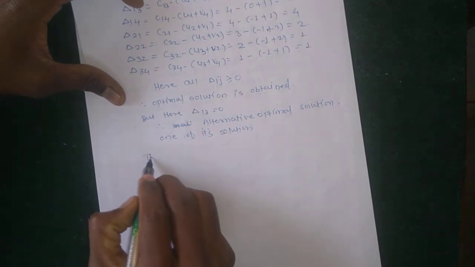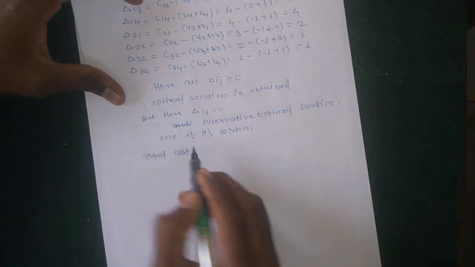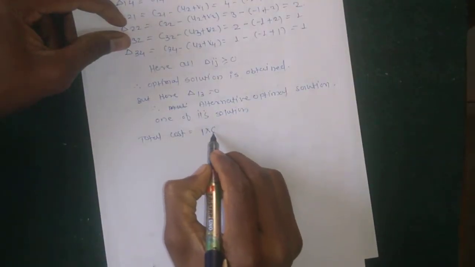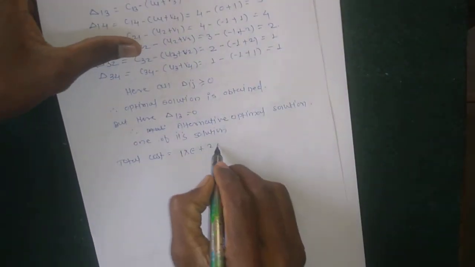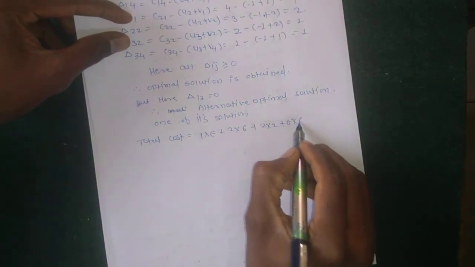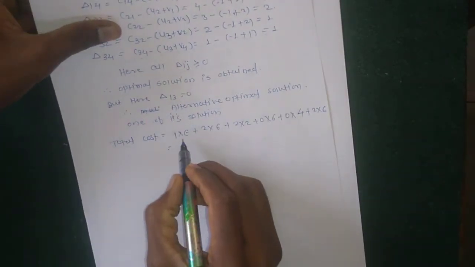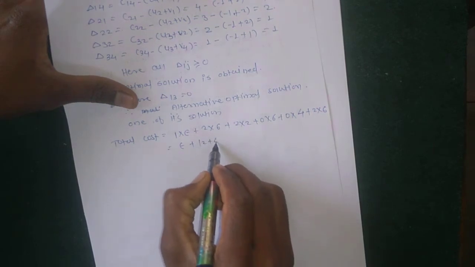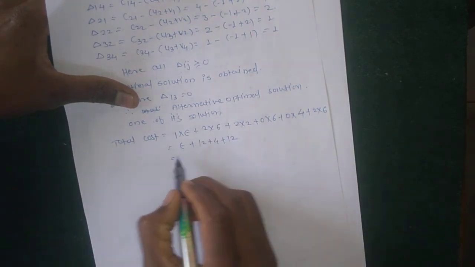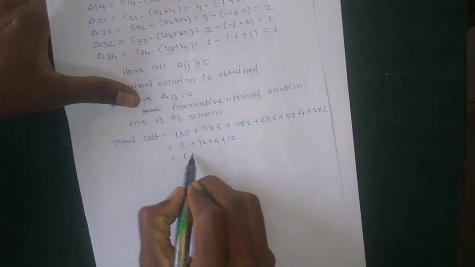has total cost equal to 1 into epsilon plus 2 into 6 plus 2 into 2 plus 0 into 6 plus 0 into 4 plus 2 into 6. So the value is epsilon plus 12 plus 4 plus 12, which is epsilon plus 28.